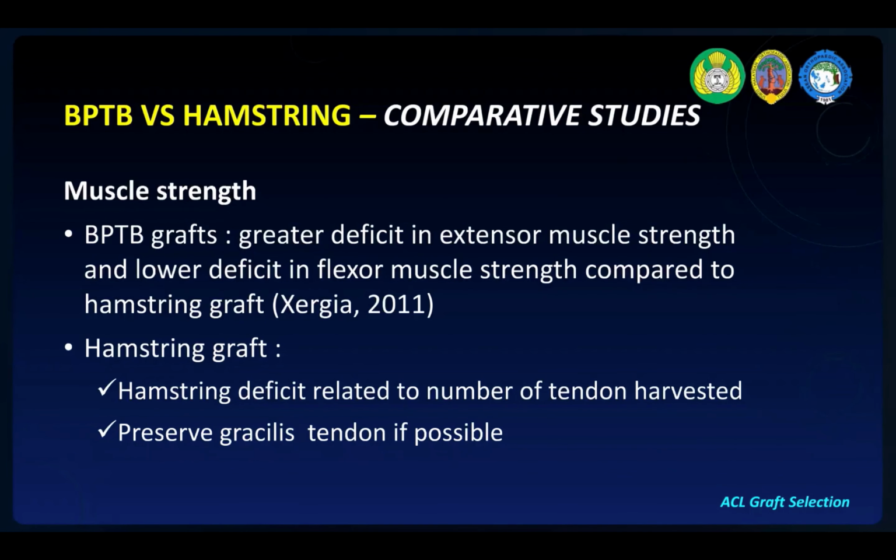Regarding the muscle strength affected, in BPTB graft, there is greater deficit in extensor muscles and lower deficit in flexor muscles compared to hamstring graft. The deficit in muscle strength in hamstring also depends on the number of tendons that are harvested, so preserve the gracilis where possible.